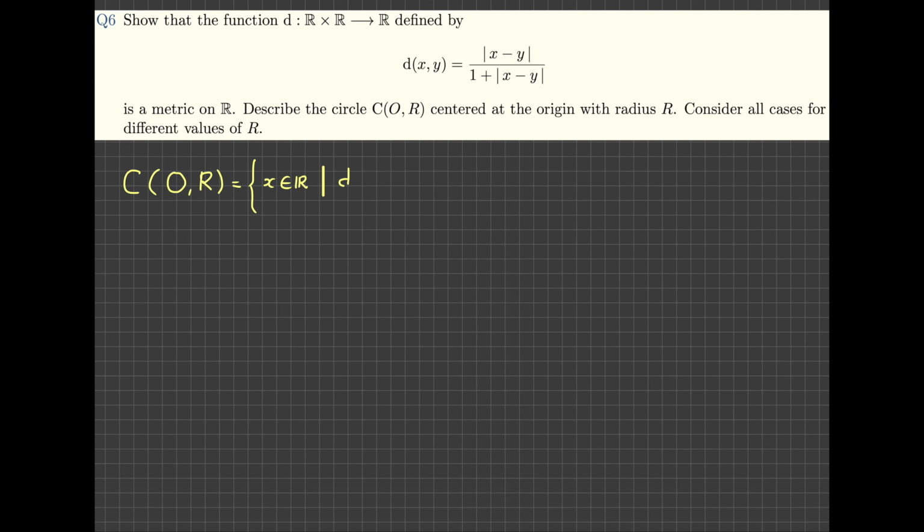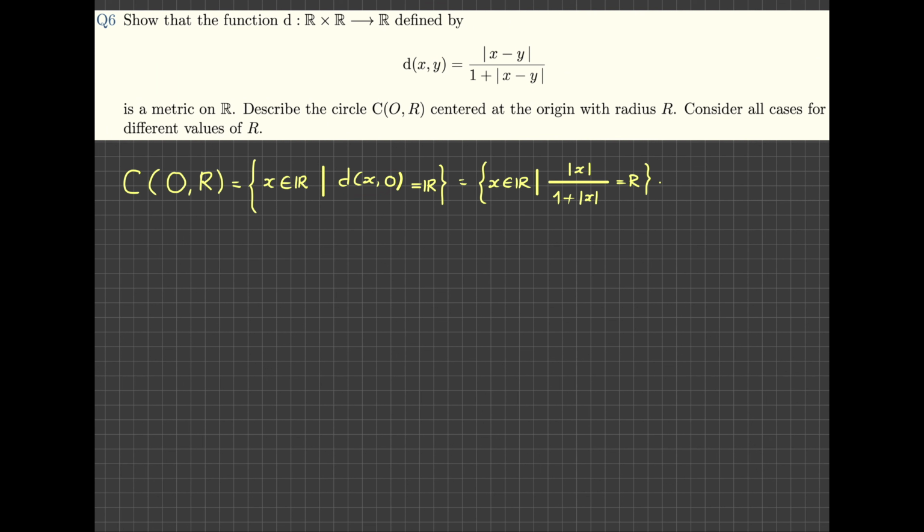The distance from x to 0, yes, because the point corresponding to the origin is 0, is equal to R. But then, if I compare this one with that one, here 0 is y. So instead of y I put 0, then I will get this expression. So the set x in R, the set consisting of all real numbers such that the absolute value of x over 1 plus the absolute value of x is equal to R.